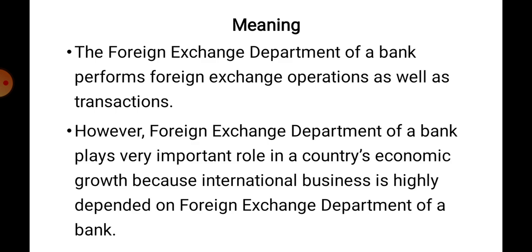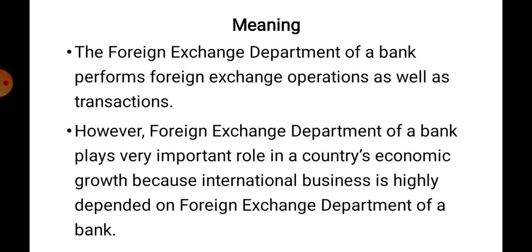However, the foreign exchange department of a bank plays a very important role in the country's economic growth because international business is highly dependent on it. Therefore, it performs a variety of services ranging from foreign exchange operations to foreign exchange transactions.